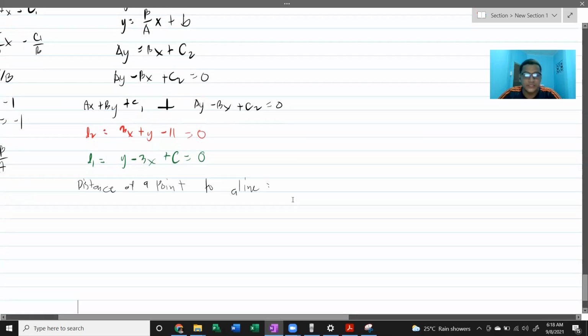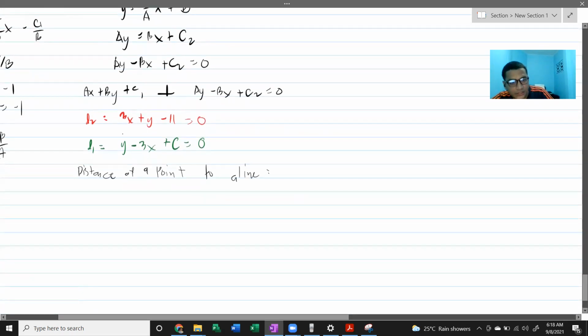So what is the formula here? Our distance of a point to a line is equal to the absolute value of ax1 plus by1 plus c over the square root of a squared plus b squared.